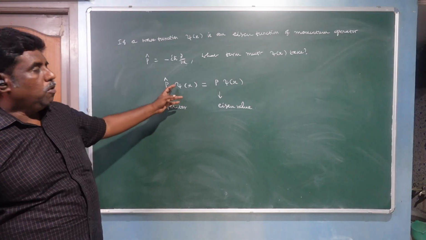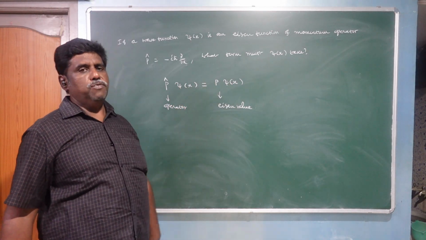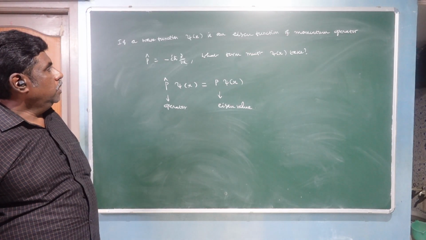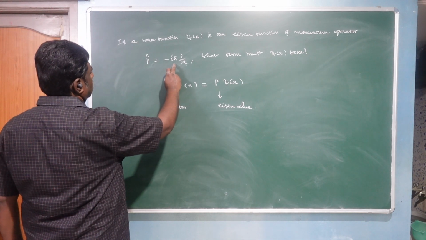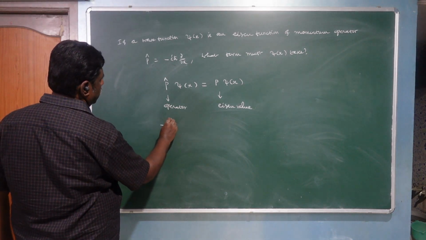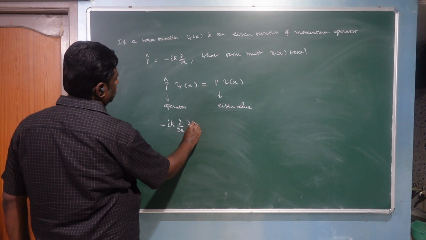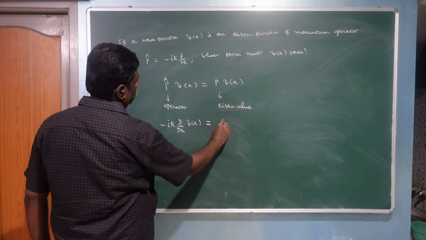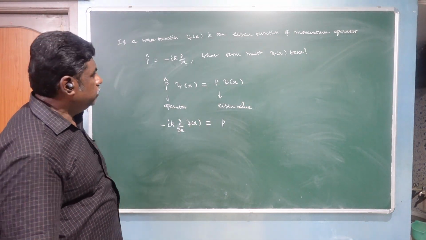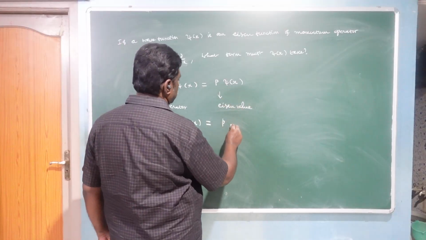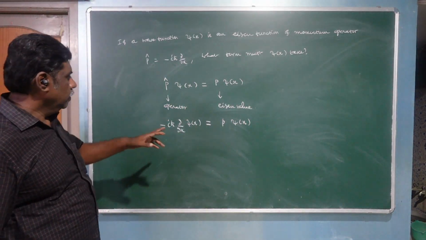So an operator operating on a function provides some number and the same function. This is called the eigenvalue equation. Now our operator is minus i h cross dou by dou x and is allowed to operate on the function psi of x. Then we may get the eigenvalue, that is p, a number, and psi of x. This is our eigenvalue equation.